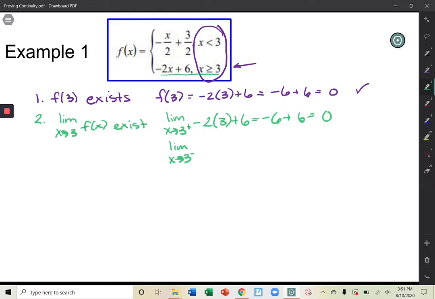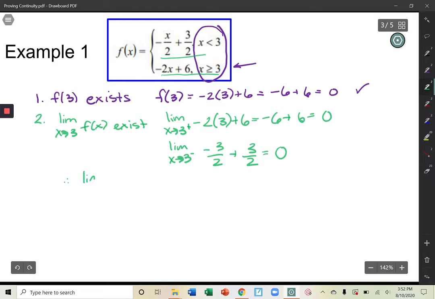For my left-hand limit, then, I'm going to use the upper function. So I'm going to evaluate negative 3 over 2 plus 3 over 2. And again, this is showing I know which piece of that function I need to use, and that is also equal to 0. Since those two numbers are the same, I'm going to write therefore, the limit as x tends to 3 of f of x equals 0. So there I have my limit exists.